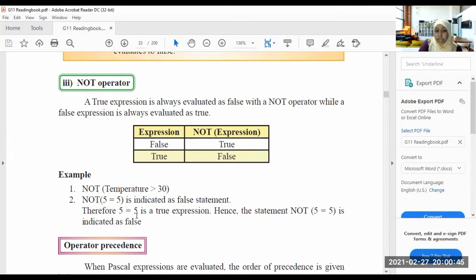Therefore, 5 equal to 5 is a true expression. Hence, the statement with not is indicated as false. If it is not 5 equal to 5, then it is false, right? Because it said not.